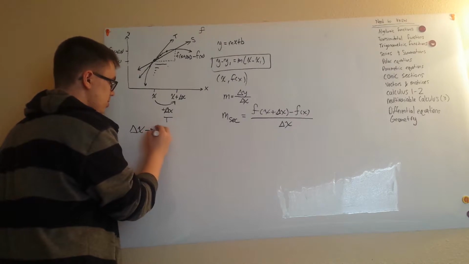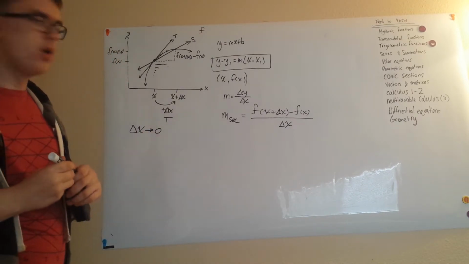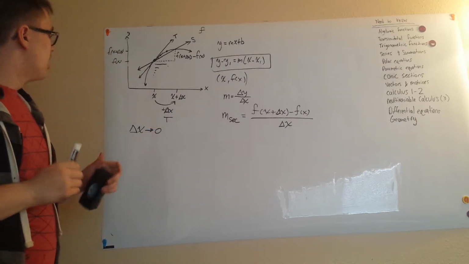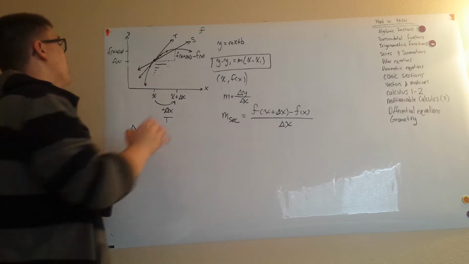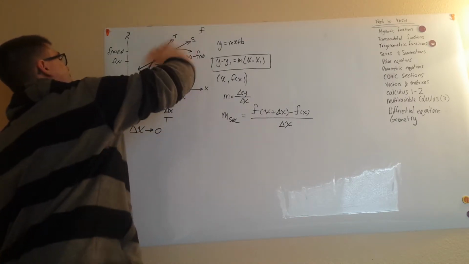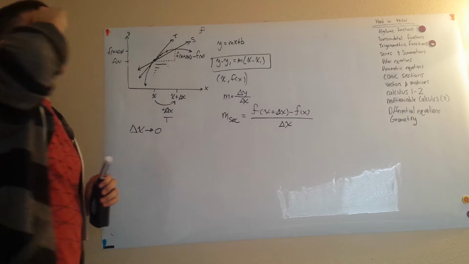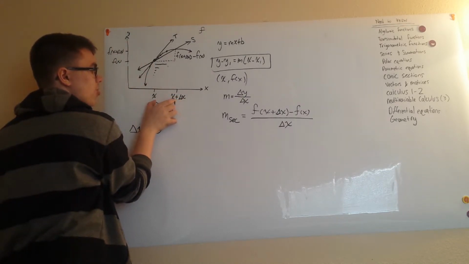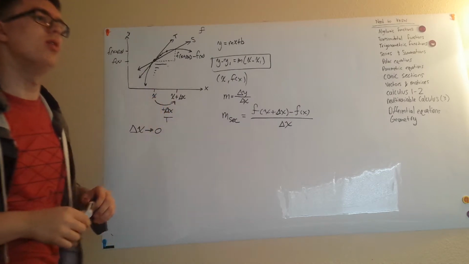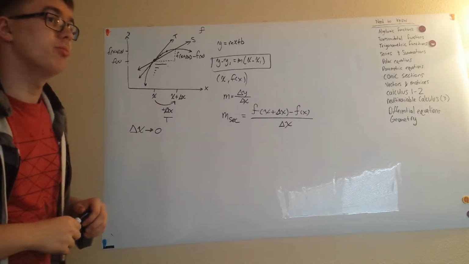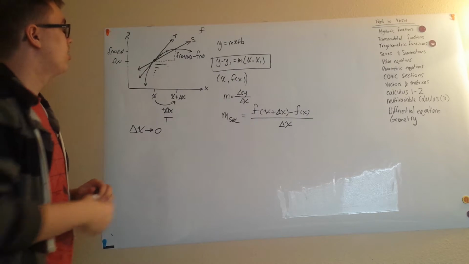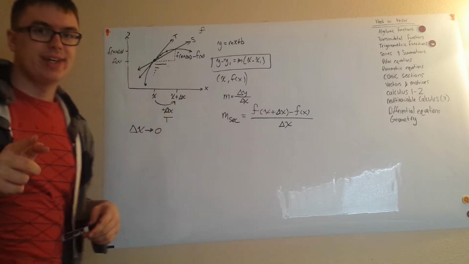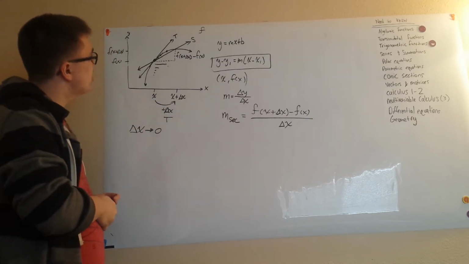It approaches 0. And if we draw the secant line every single time and let delta x, the change between these two points, get really close to 0, we're going to get a good approximation, and in fact, an exact answer of how to get the tangent line.